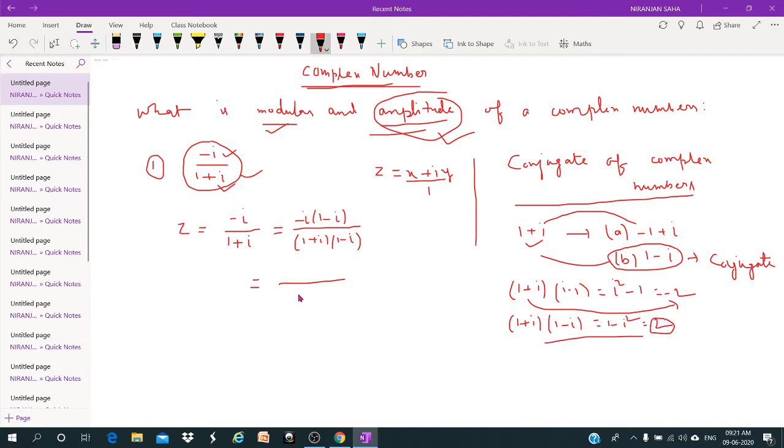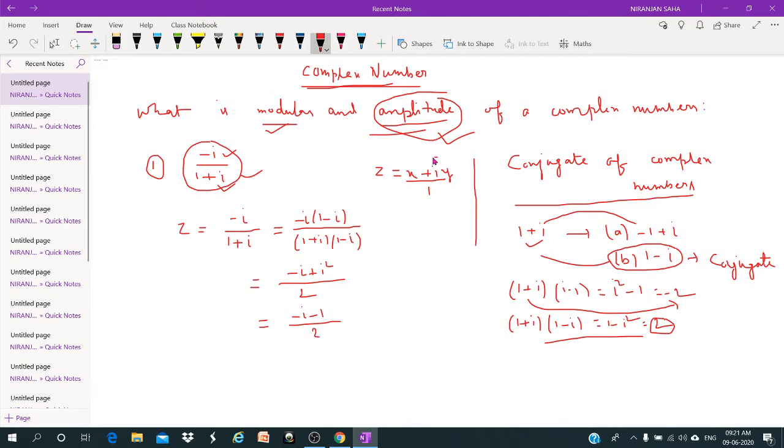The numerator will be minus iota plus iota square, and since iota square is equal to minus 1, it is minus iota minus 1.